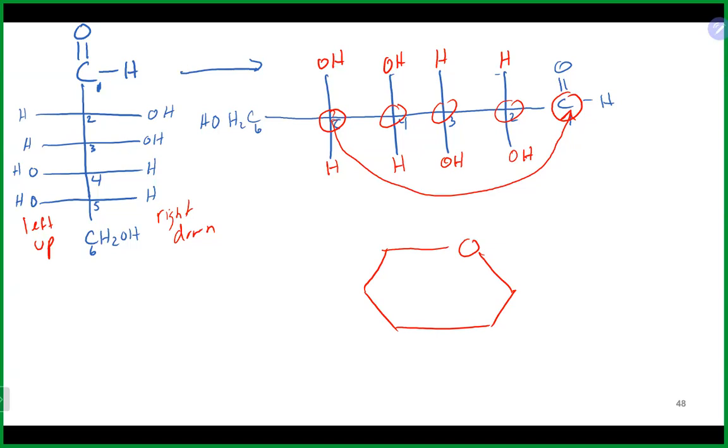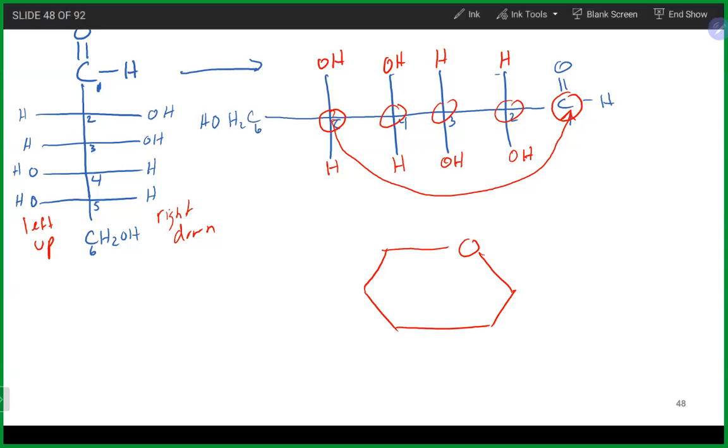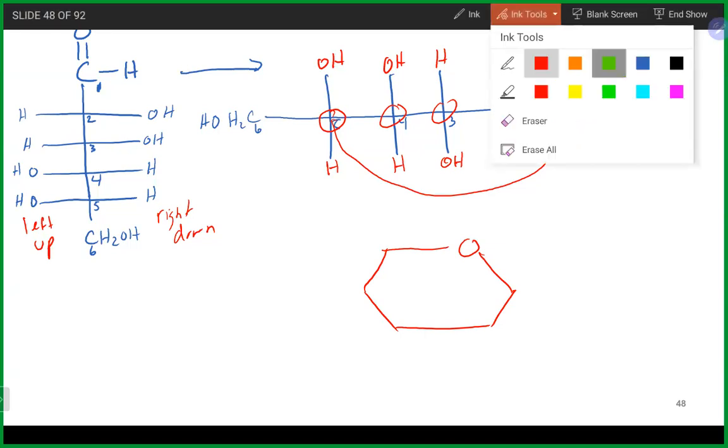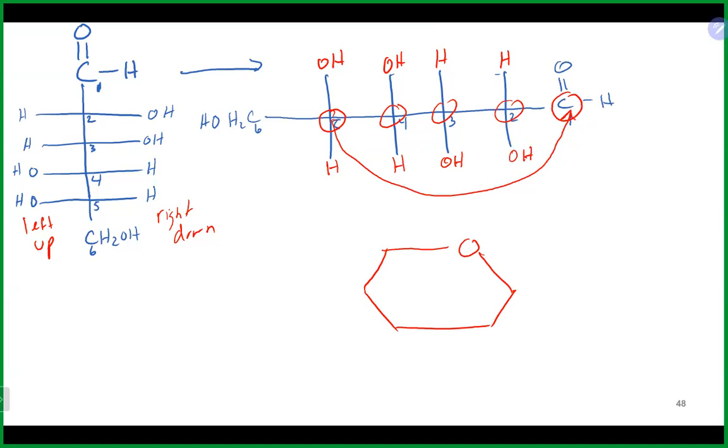Now, what always happens when these things incorporate into a cyclic structure is there's usually something left behind or out of the ring. In this case, which is very common, it's our carbon number 6 that's out of the ring. It's not going to incorporate itself into the ring.